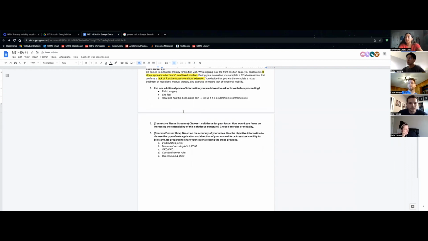Choose one soft tissue. Yeah, this could be a lot of different things for number 2. It just depends on what we want to work on.